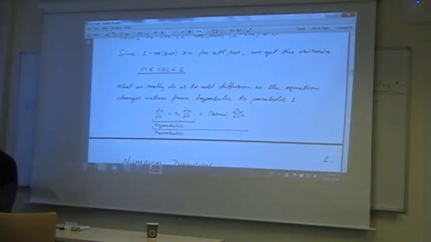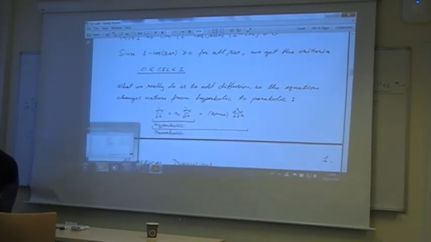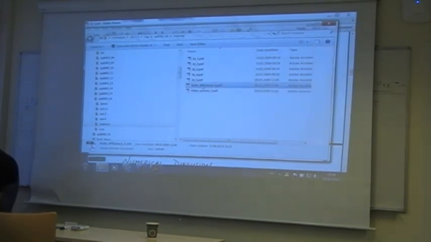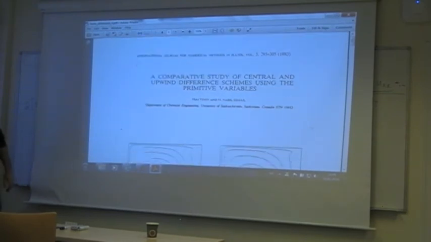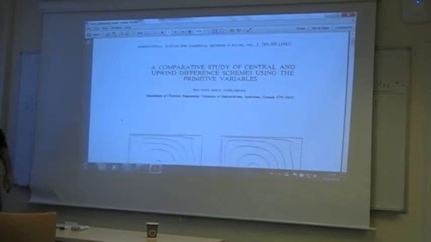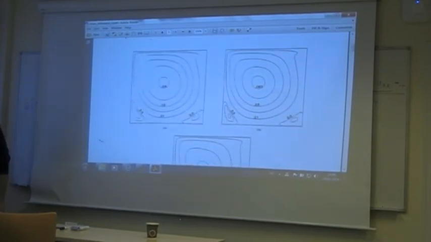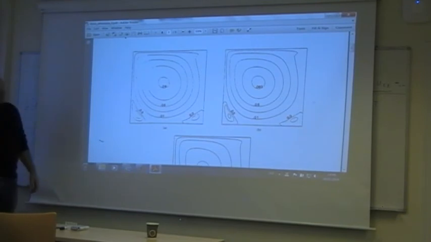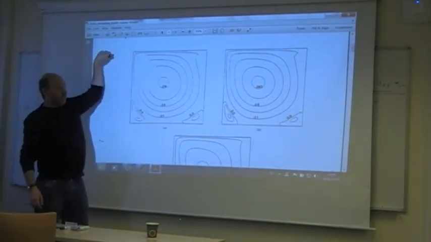I think you have some demonstration of them. Let's see. Yeah, it's the finite difference number 6, where they are looking into the square cavity problem. Here, the top wall is moving to the left.